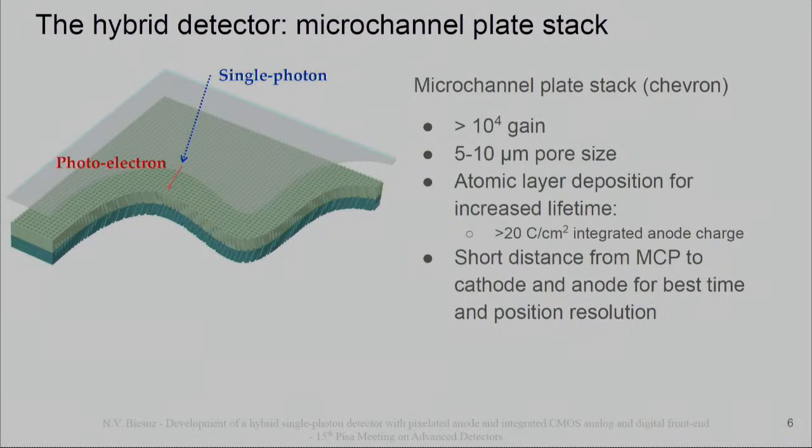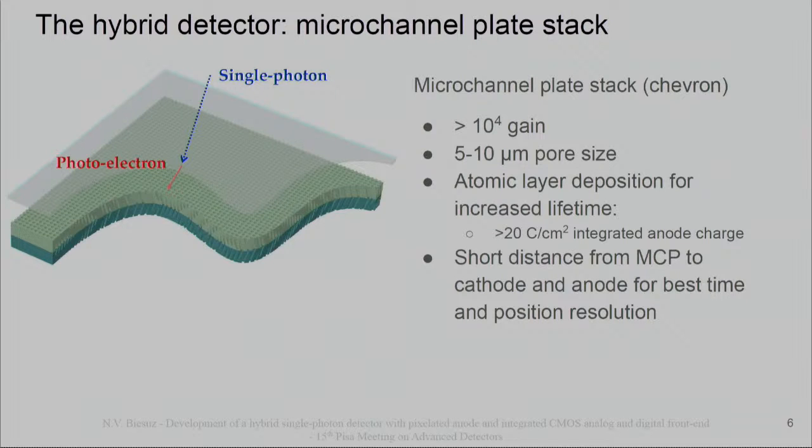Below the photocathode, we have the MCP stack, basically two microchannel plates in a chevron arrangement. The pore size we are going to is 5 to 10 micrometers, again based on what the industry is able to provide, and we plan to have atomic layer deposition to increase the lifetime.